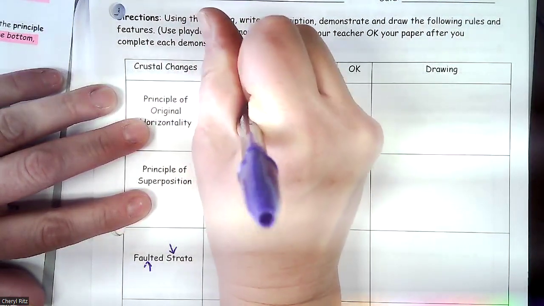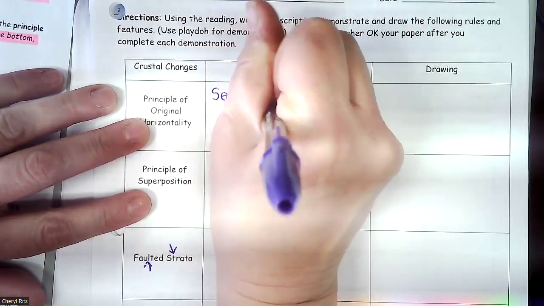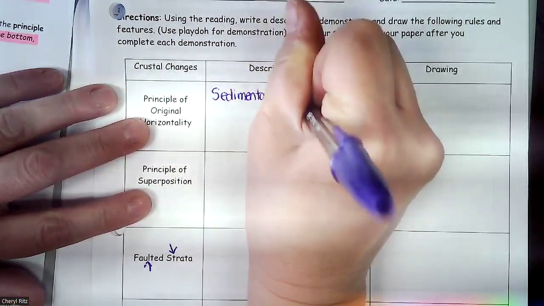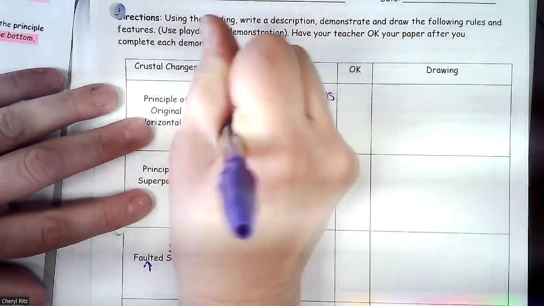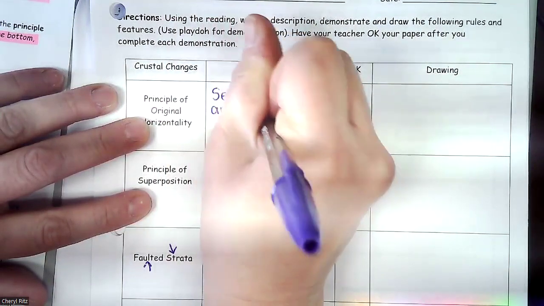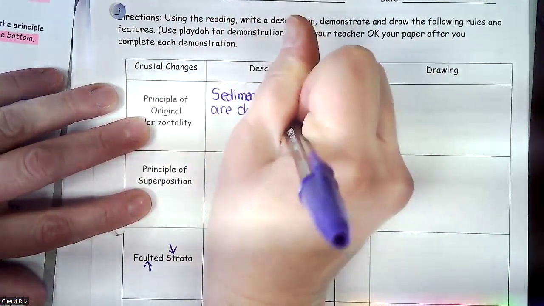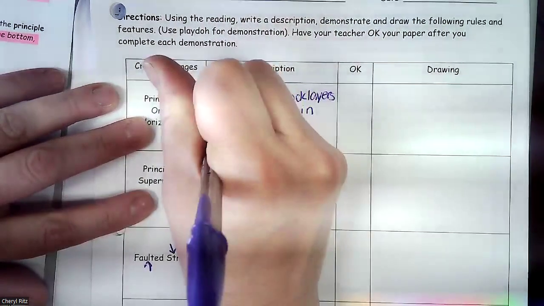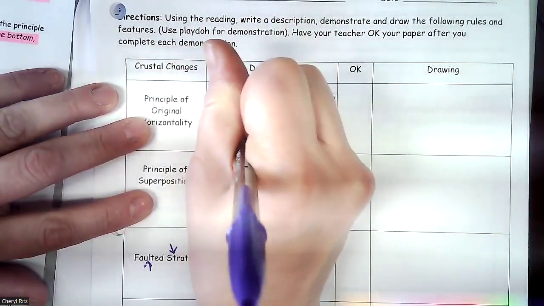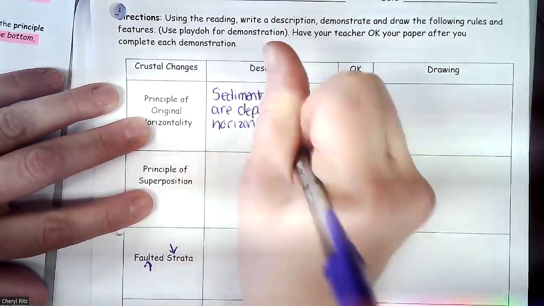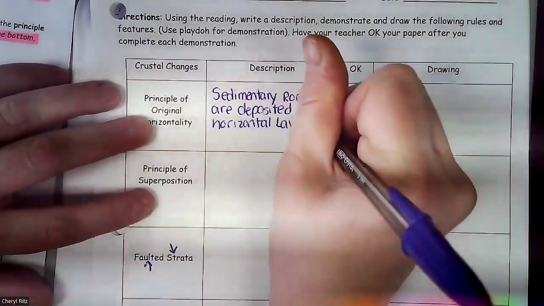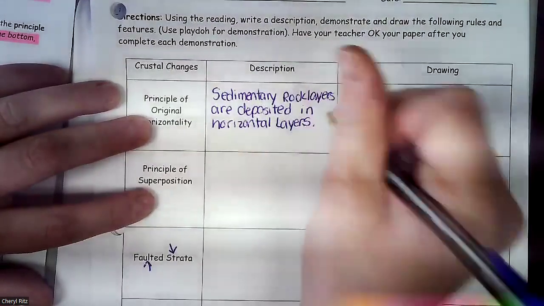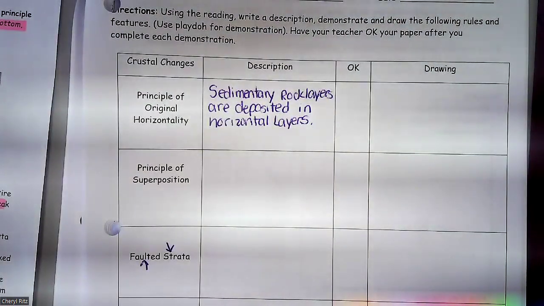So sedimentary rock layers are deposited in horizontal layers. And then the second part of what he said is that they were tilted or faulted or folded afterwards.